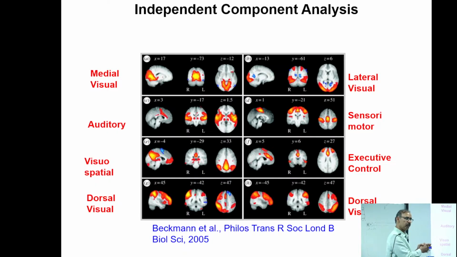But what they did was use concatenation, right? So data 1, data 2, data 3, and so on. Got it? So the number of time points in fMRI is small, but the number of voxels in fMRI is large, right?